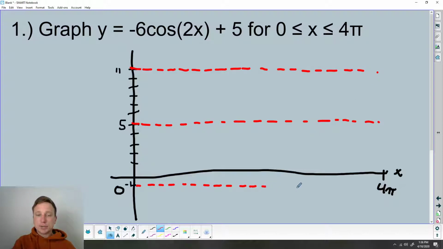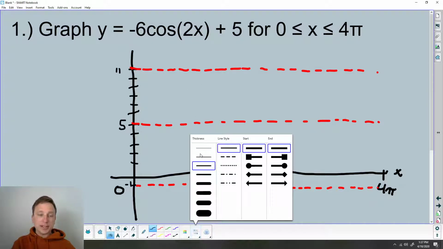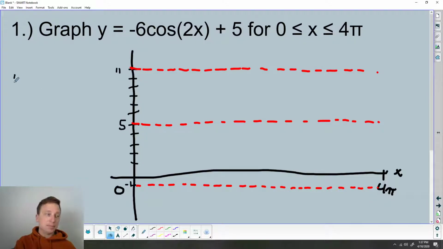So it oscillates between these values as it completes revolutions or periods, which are rotations around the unit circle. So now we can worry about our period. In 2x, our b value is 2. Now, as we said in last week's video, to find the period, we take 2 pi and divide it by b.